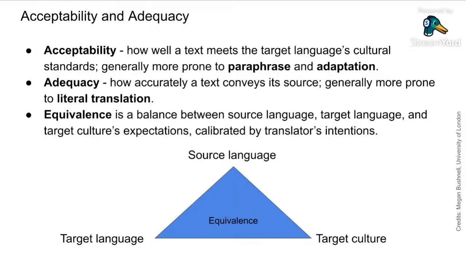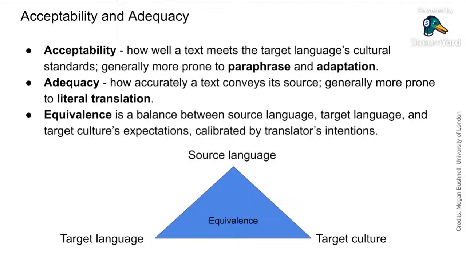For example, Gideon Toury, who has essentially defined the field of descriptive translation studies, has assessed different criteria to indicate what constitutes equivalence across cultural domains and across textual domains in different languages. And equivalence is a compromise between different things, right? Acceptability, first of all, so how well a text can meet the cultural standards of the target language.